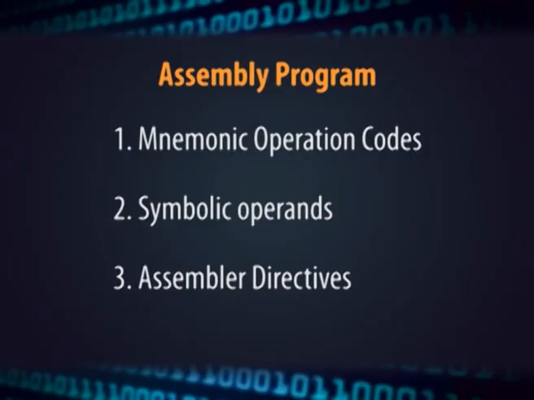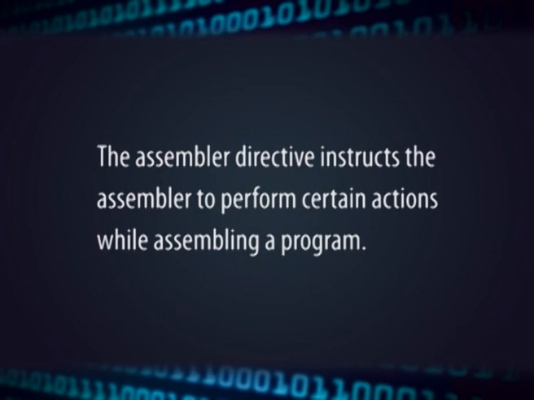However, the language supports these combinations only if the underlying machine instruction set of the CPU supports all the addressing modes mentioned above. The third facility provided by the assembler is the facility of assembler directives. The assembler directive instructs the assembler to perform certain actions while assembling a program.